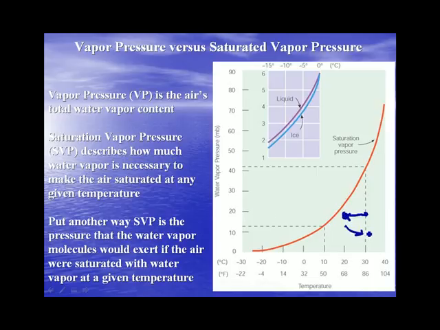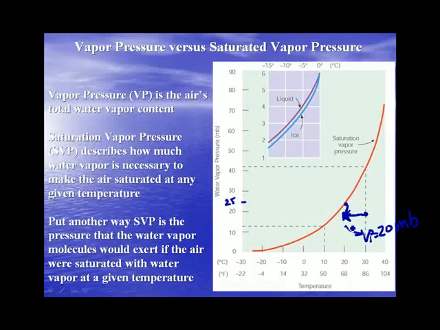And so vapor pressure is still at 20 millibars. Well, the question I have for you: what is its saturation vapor pressure at 20 degrees Celsius? Well, we would go up until we hit the saturation vapor pressure curve and go over here, and it could hold about 25 millibars worth of moisture at 20 degrees.